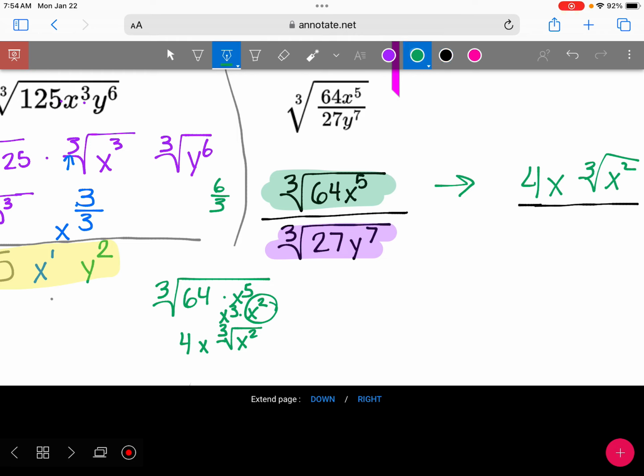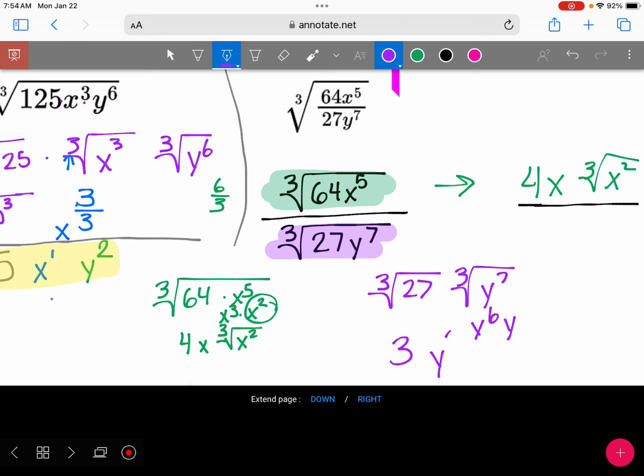Then let's do our denominator. Same vibe. We're going to take our cube root of 27 and the cube root of y to the 7th. So what is the cube root of 27? 3. And how about for y to the 7th? How many groups of 3 can we take out? 2. So I could write this as y to the 6th times y, if that helps you.